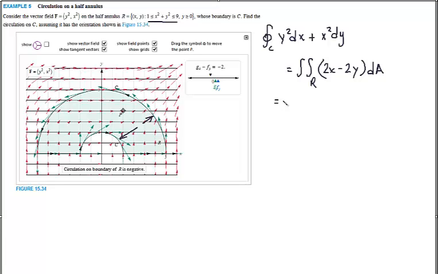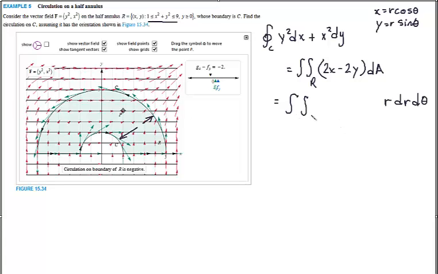I'm also going to change this to polar coordinates, where my x is equal to r cosine theta, of course, and y is going to be equal to r sine theta. In changing those limits, I am going to have this r dr d theta whenever I change to polar coordinates.